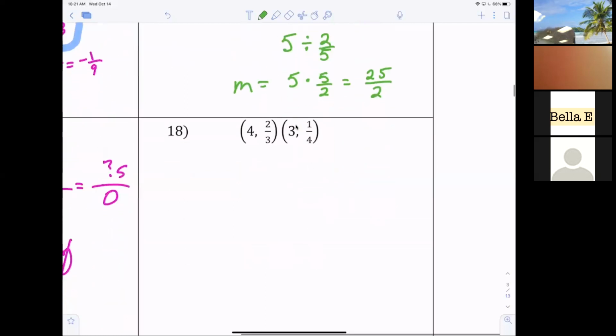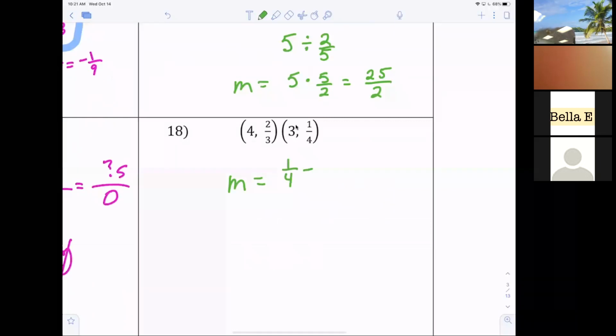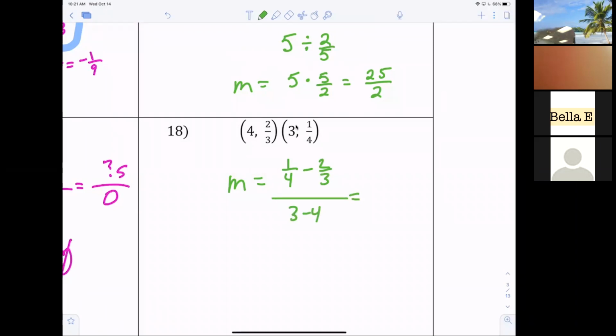All right, here we go. M equals 1/4 minus 2/3 over 3 minus 4. Okay, so now again, first thing I'm going to tell you, let's do the fractions, and then we're going to practice on your calculator.